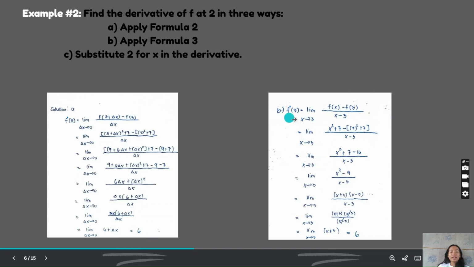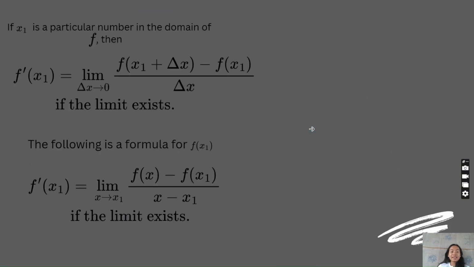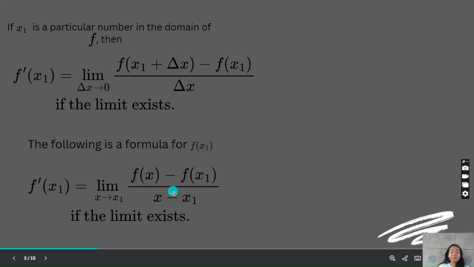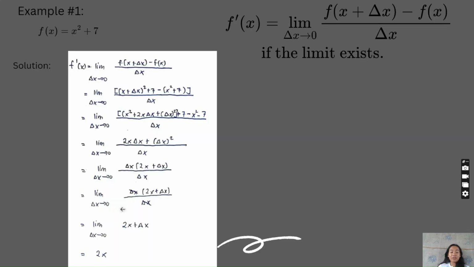So, moving forward with applying formula number 3. Our formula number 3 is f prime of x sub 1 is equal to the limit of f of x minus f of x sub 1 all over x minus x sub 1 as x approaches x sub 1. By the way, our x sub 1 is 3.